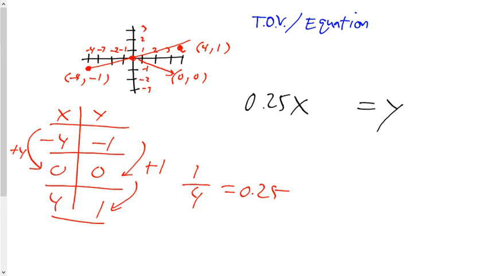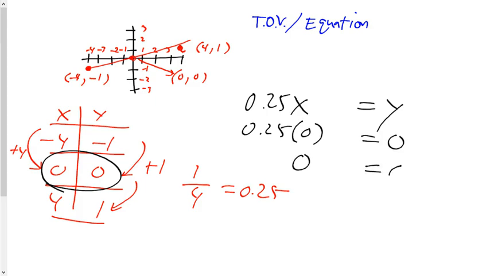Okay? Then you take any ordered pair. Obviously, if I had to choose one, that seems like the easiest one to do. Correct? Inserting a 0 for my x and a 0 for my y looks like that.